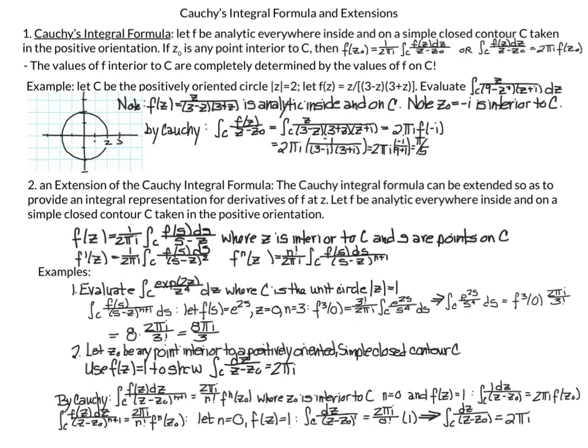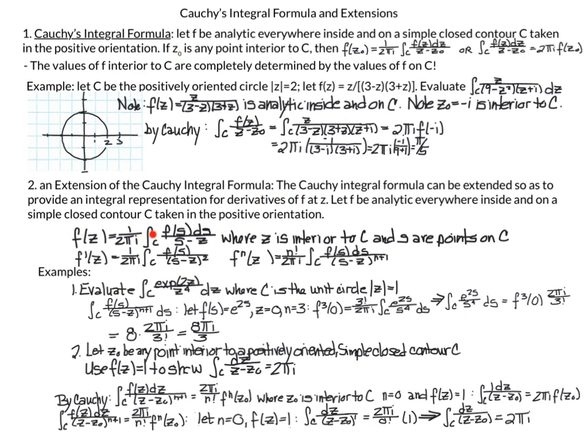And one thing I did mention, your book went from using z as the variable in these formulas to making s the variable. And then our z naught was our interior point. And over here, our z was the interior point.